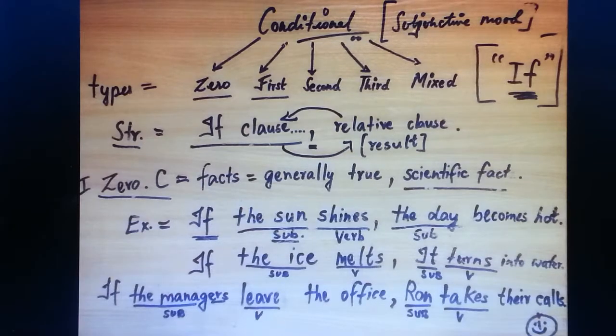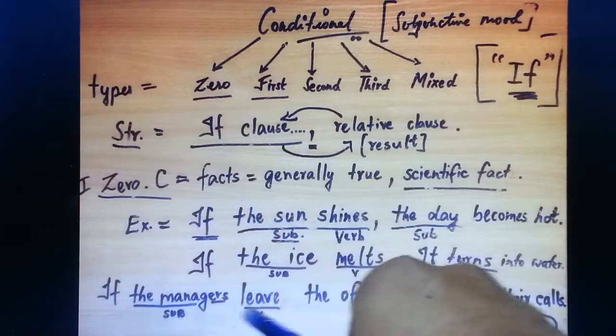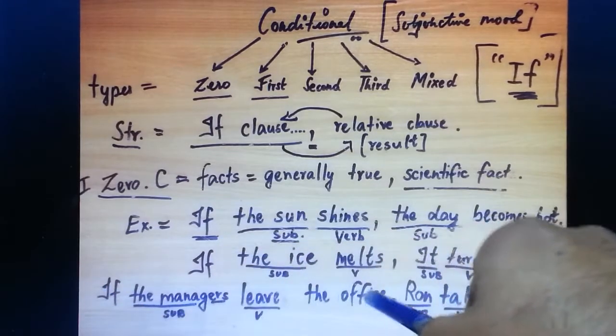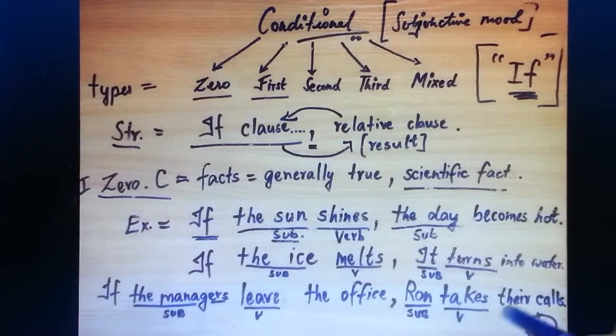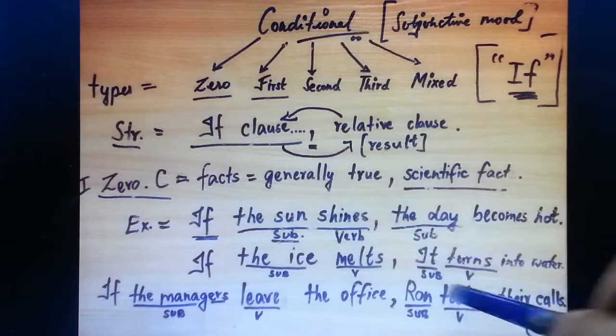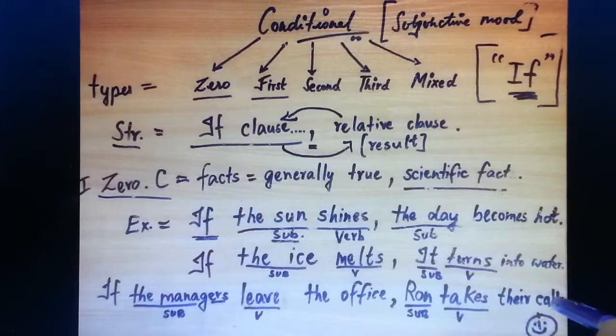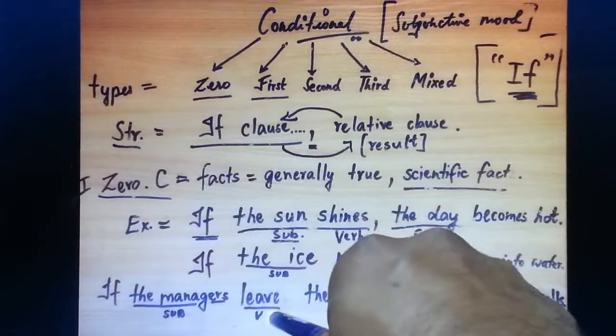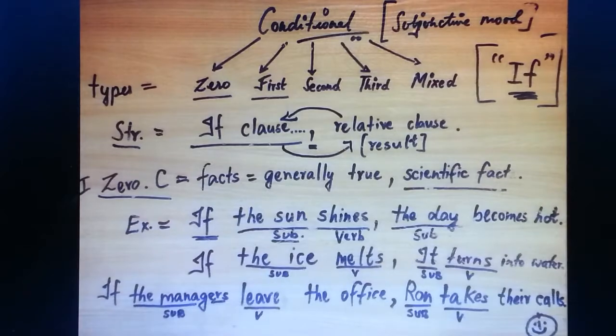Now let's try the third example. Please be very attentive. Pay a lot of attention here. If the manager leaves the office, Ron takes their calls. Now let's interchange. Ron takes their calls if the manager leaves the office. Now what do you think? Like the previous sentence, is this sentence correct or wrong?